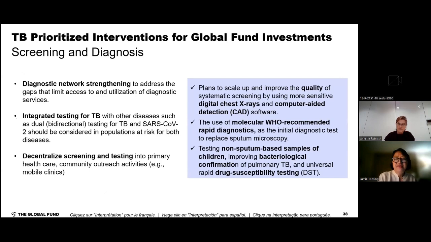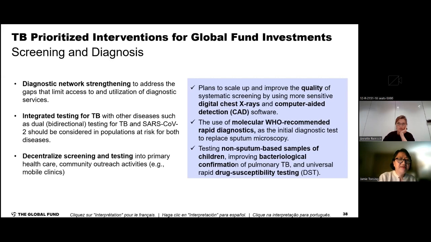So the next couple of slides, I'll be speaking to what are the priority interventions for Global Fund investment. These are very much like HIV. These are impactful interventions that are recommended by the Global Fund and by its technical partners. The first set of slides focuses on screening and diagnosis.